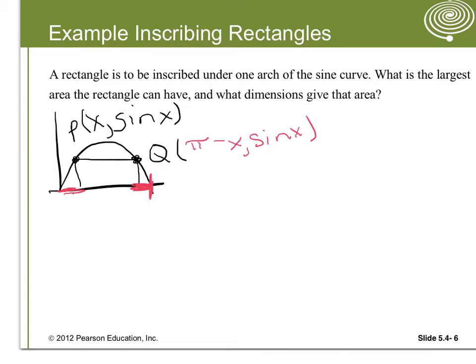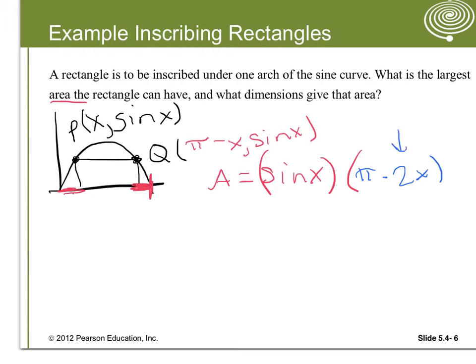So with that being said, if we're actually trying to find the largest area possible, I need to figure out what the area of this rectangle is going to be. The height of my rectangle is sine of x. But what about our length? Well, our length is pi minus this part and minus this part, so pi minus 2x.